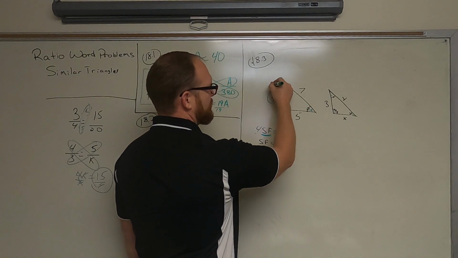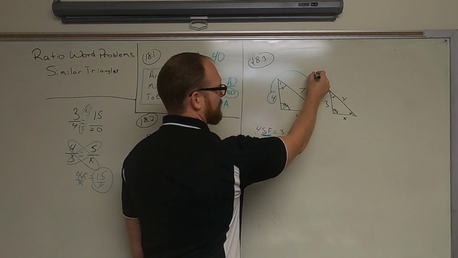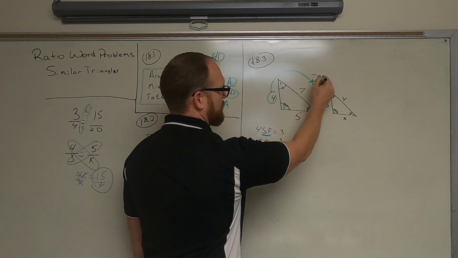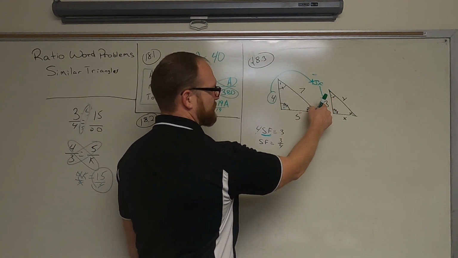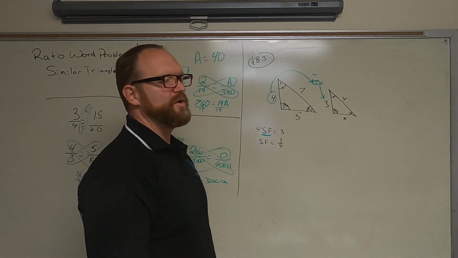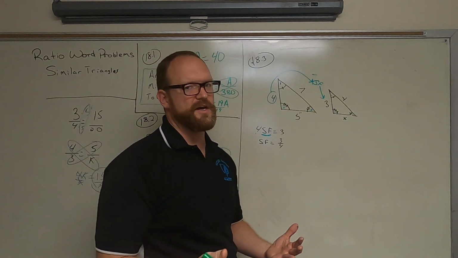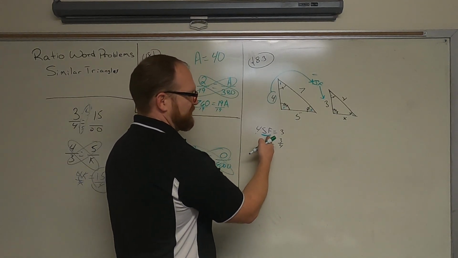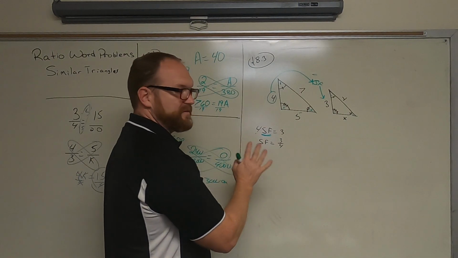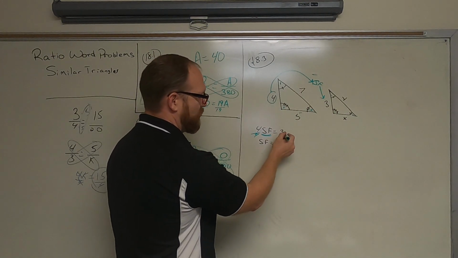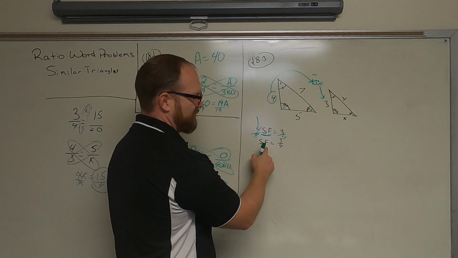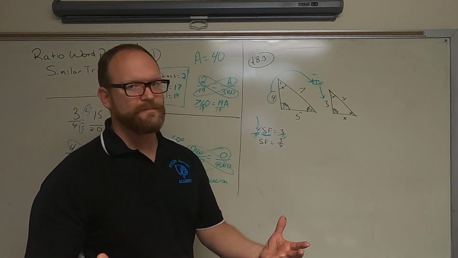So 4 times some scale factor is going to equal 3. Once I find that scale factor, I can use it for the other sides. I can just use SF, the scale factor, as a variable. I can divide by 4 on both sides, and my scale factor now is 3 over 4. Found it.